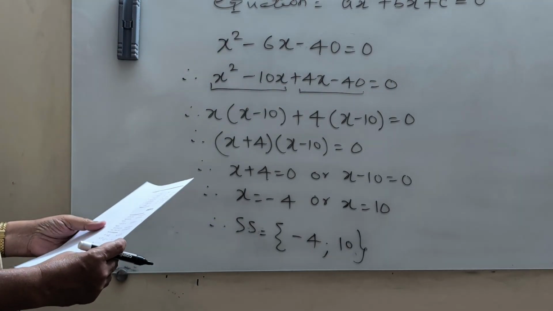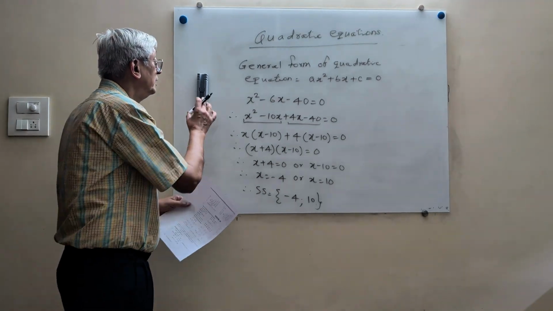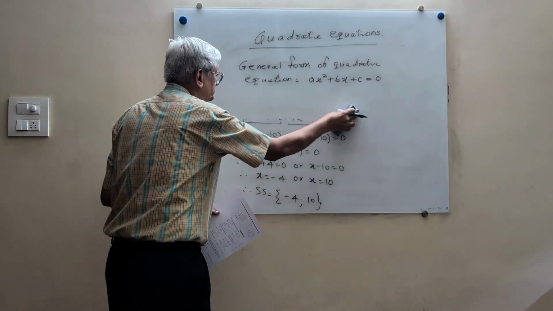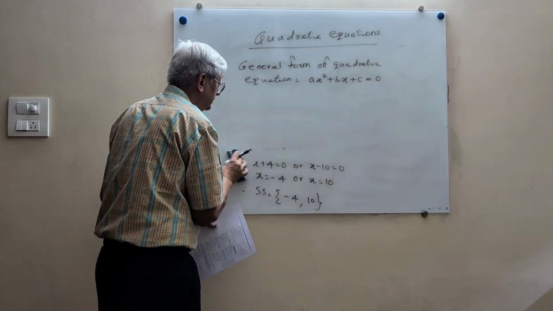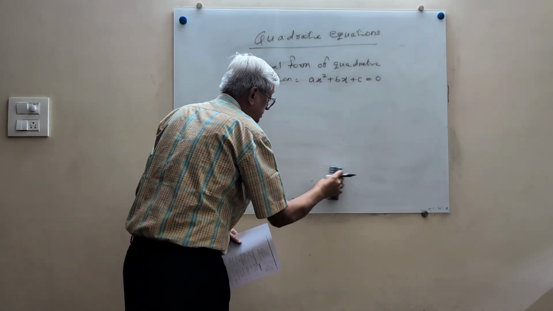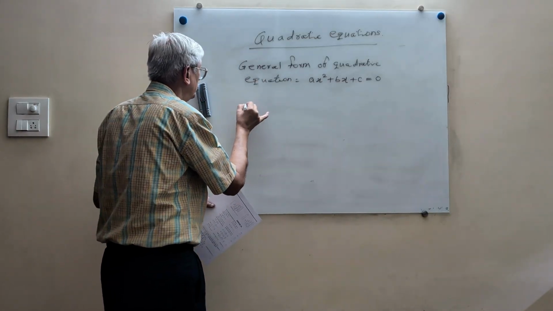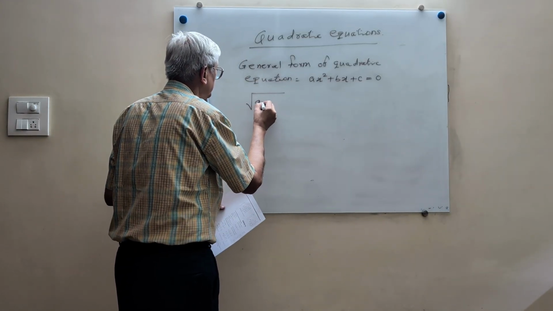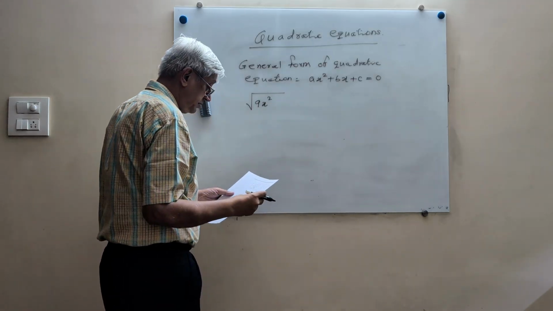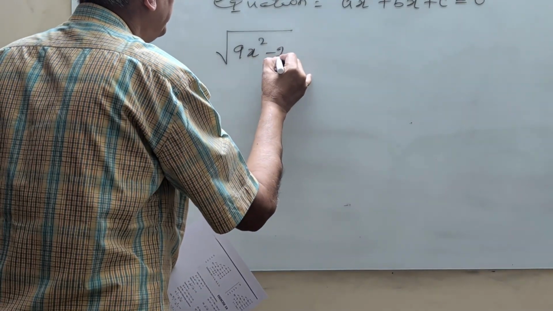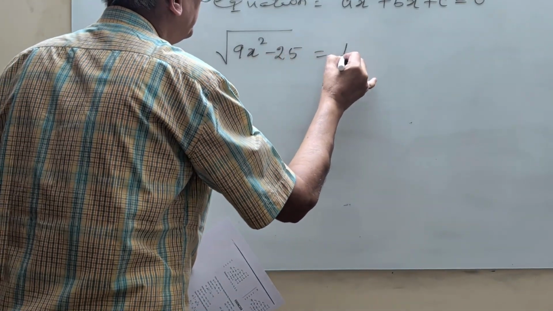Now let us take the second sum. In this sum, what is given? Under root 9x squared minus 25 is equal to 12.